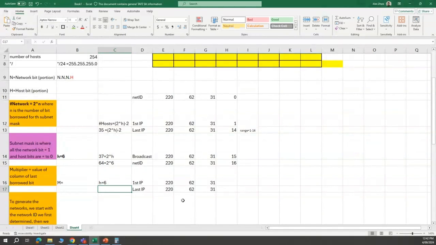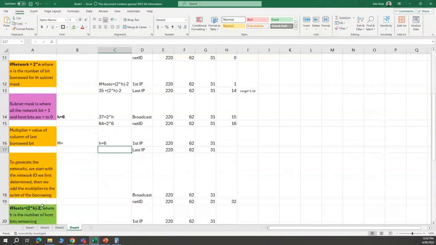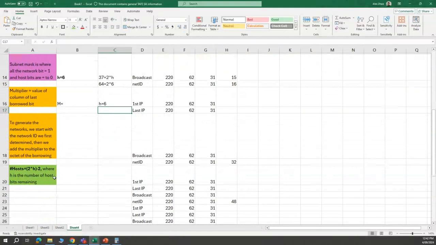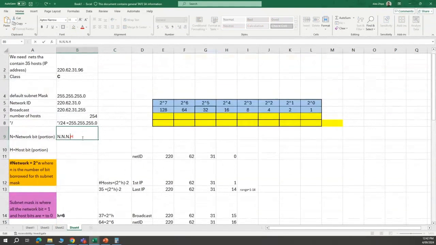We put that aside. And now we read the formula again, where h is the host bits remaining. Where are the host bits? The host bits are in the last octet. So really, these are 1, 2, 3, 4, 5, 6, 7, 8 again. And the host bits, there's 8 bits. And when we say remaining, remember we borrowed from left to right, so the remaining h bits are from right to left. So we go 1, 2, 3, 4, 5, 6 bits remaining.